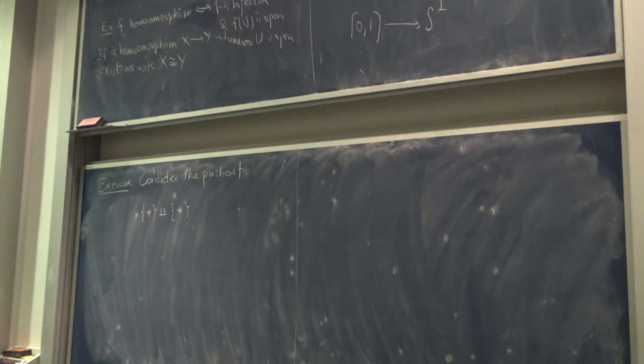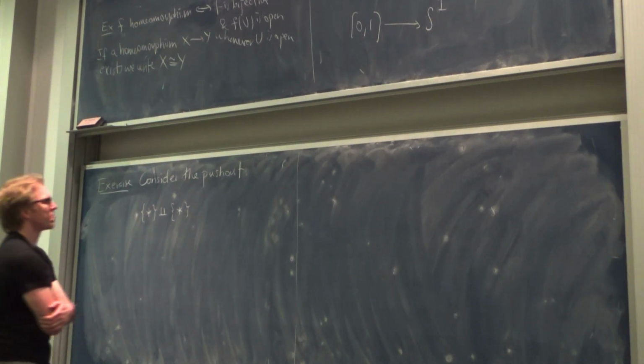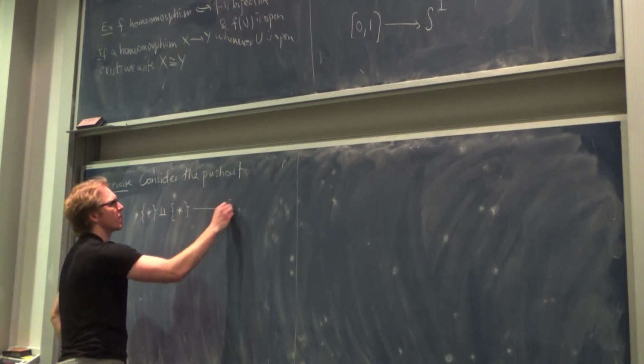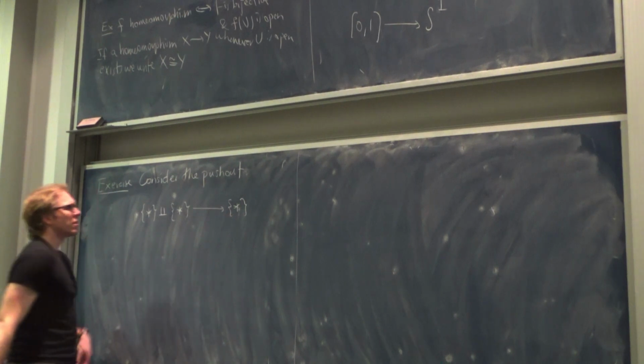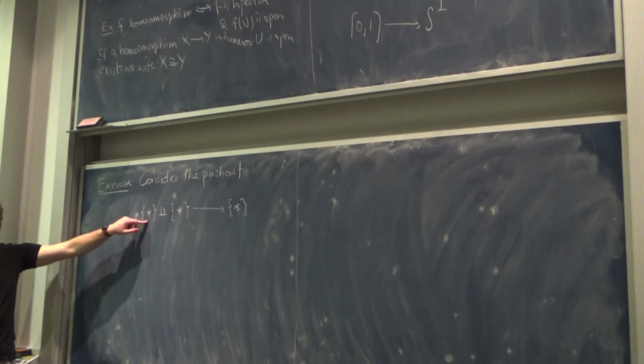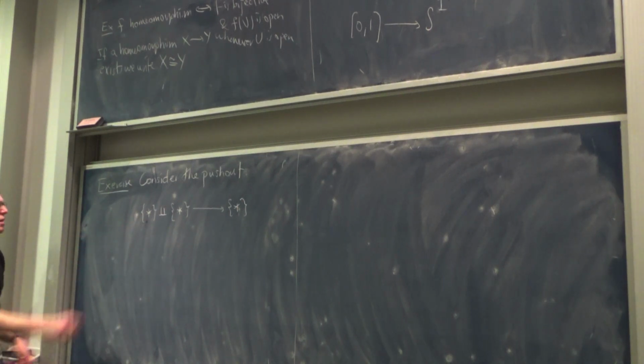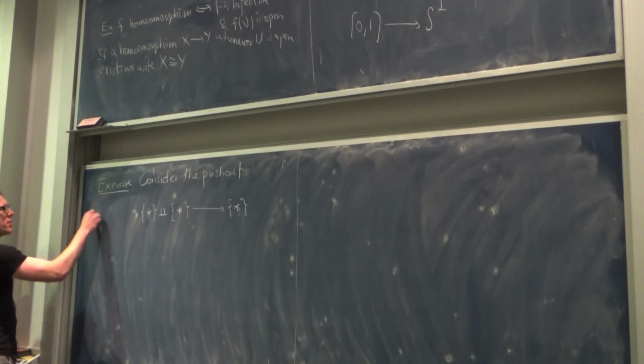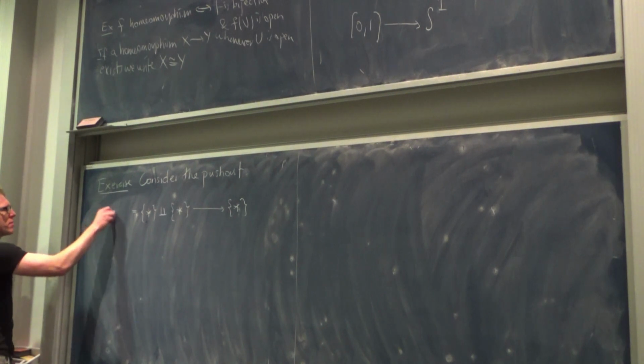All right, so we're going to construct a space by a pushout. Whenever I write this thing, I just mean the space with one point and the only topology that's possible on that. And if I take that disjoint union, well, then it's two copies of this point.